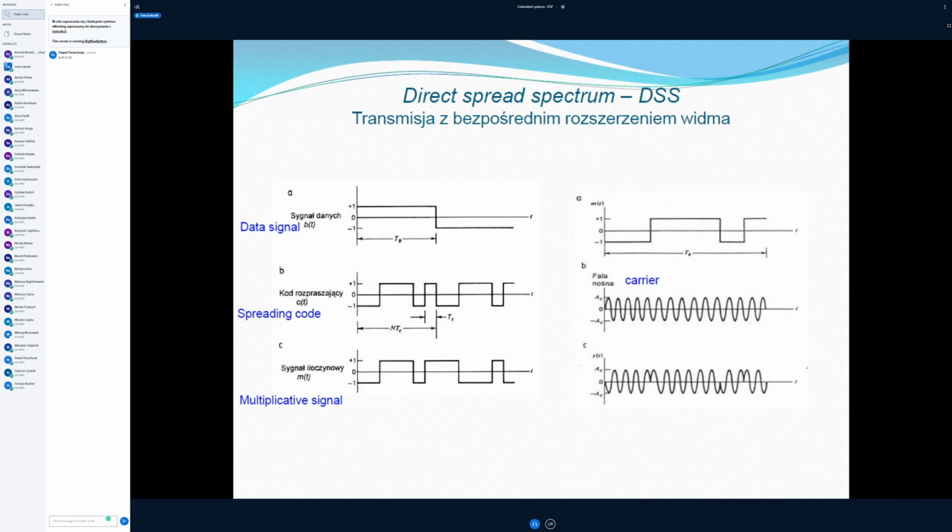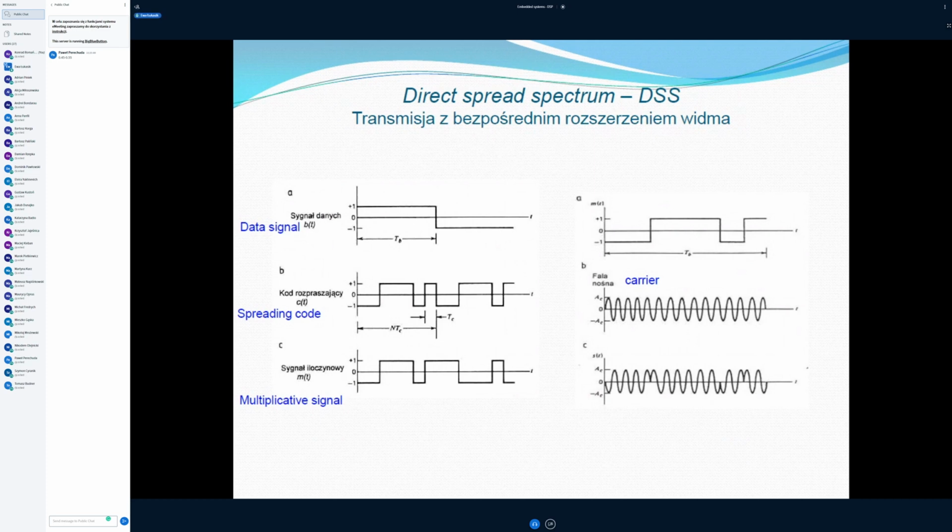And now what we do, we have a so-called spreading code. And the spreading code is a sequence of zeros and ones of very special characteristics, a kind of pseudo-random sequence of data that may be represented by a generative formula.